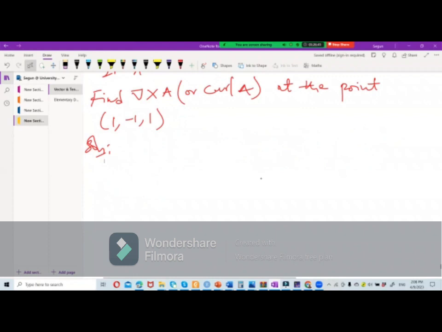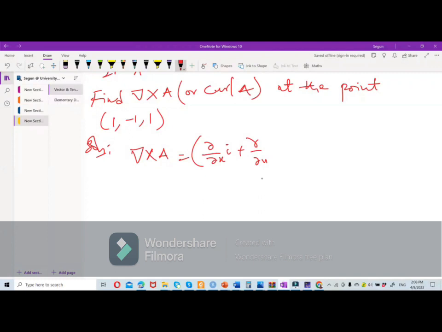The solution says curl A is the same thing as d/dx i plus d/dy j plus d/dz k, crossed with A, which is xz³ i minus 2x²yz j plus 2yz⁴ k.